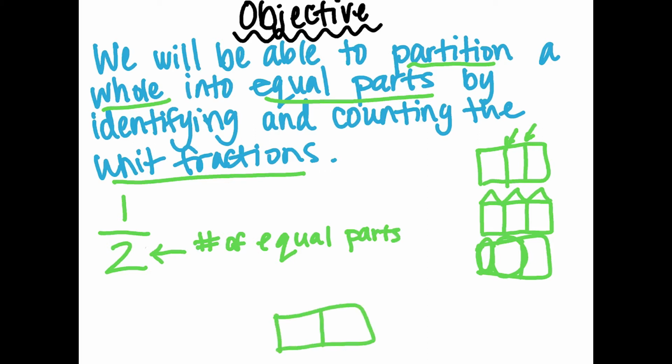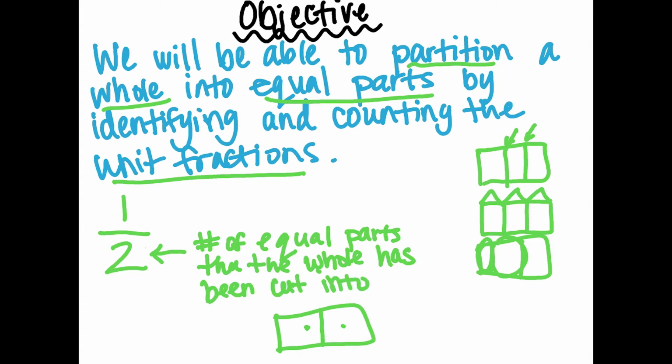The number of equal parts. So these two pieces are equal, right? That the whole has been cut into. So I cut this piece of paper into 2 equal parts. That is that bottom number.